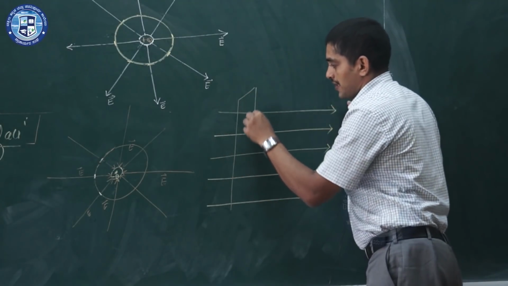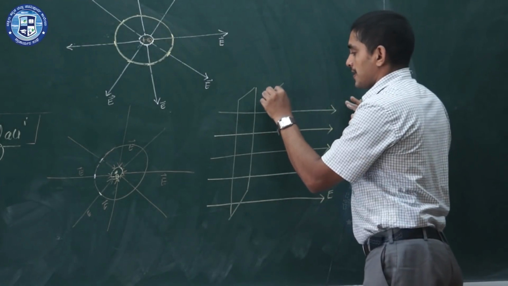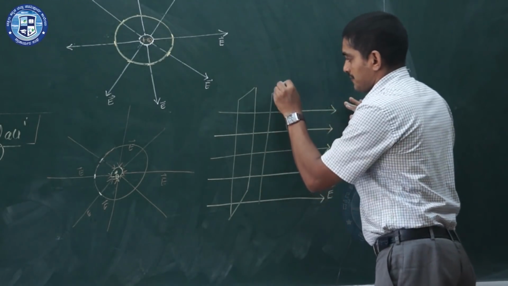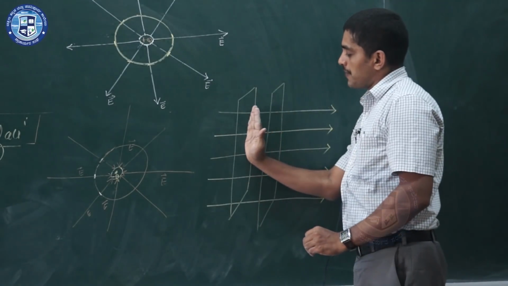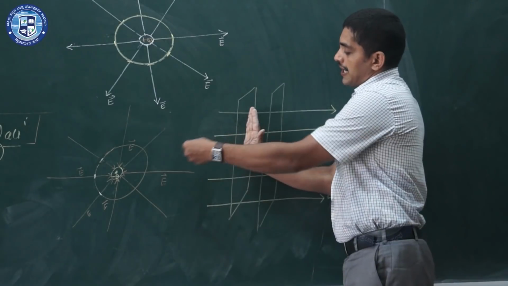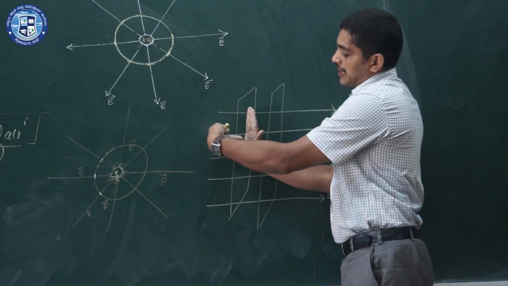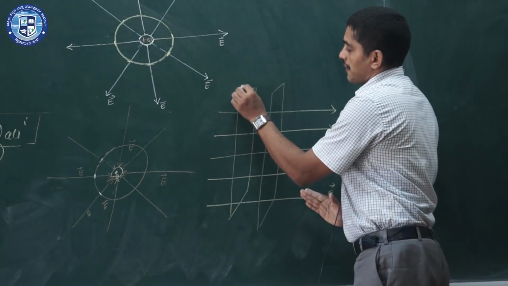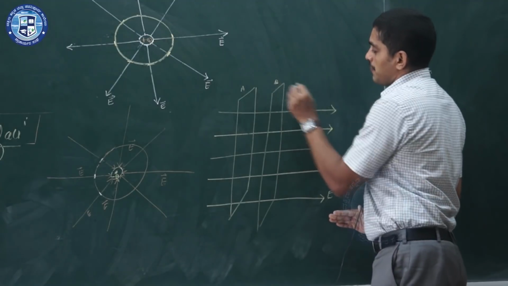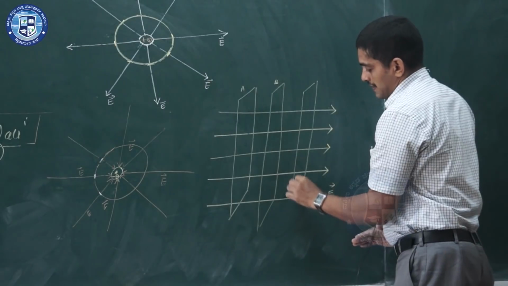So you can think of plane surfaces like this. Just like if I keep my palm like this, the electric field lines pass through my palm making an angle of 90 degrees, so perpendicular. So I can say this is surface A, this surface B, or say this surface C.